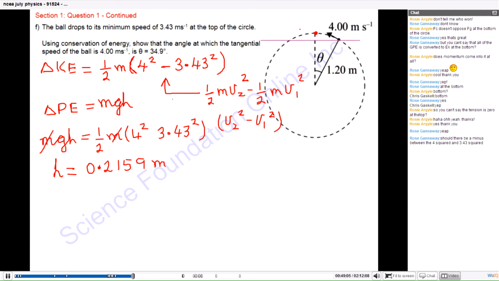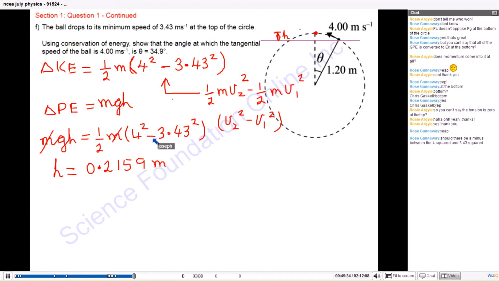I'll just draw it like that. That height difference there. So, now if you look at this triangle, somebody asked me a question. Let me see what the question was. Should there be a minus between the 4 squared and 3.43 squared? Yes, there is a minus. This one here. See, that one there? That's the minus there.